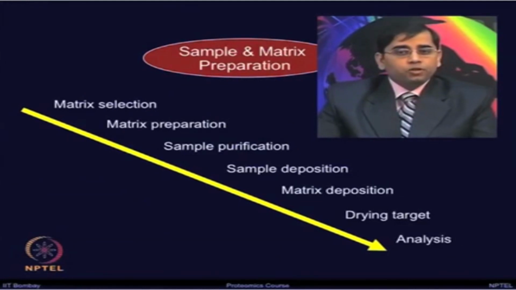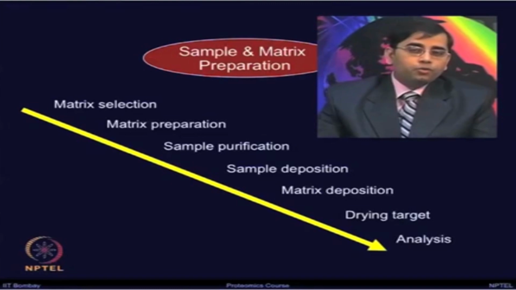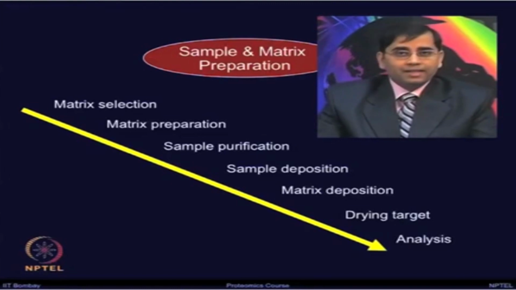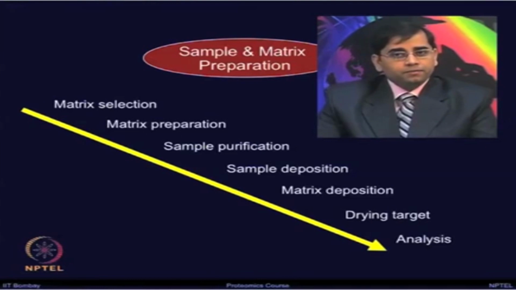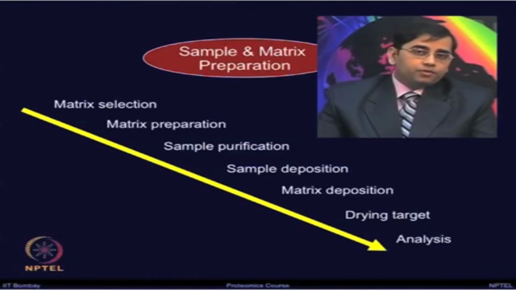Now, the sample needs to be deposited on the MALDI plate. Either you can mix it with the matrix or you can do these two separately. There are various combinations one can try, and then once both sample and matrix are deposited on the MALDI target plate, you are ready to do the drying, and then the plate can be used for the MALDI TOF instrument for further analysis.